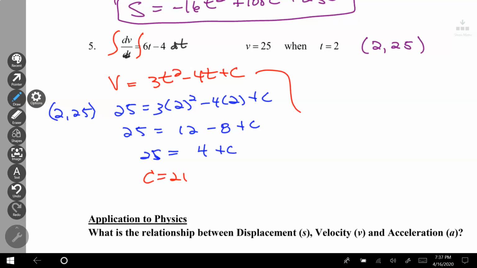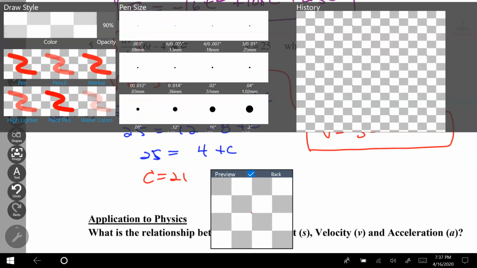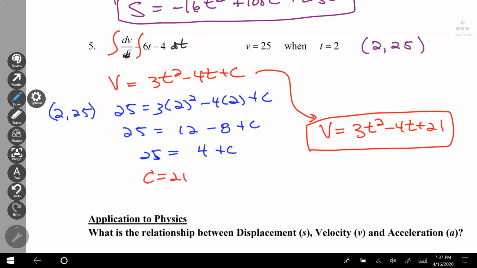And then I can rewrite this as v equals 3t squared minus 4t plus 21. That is the specific solution to that initial problem of the derivative is equal to 6t minus 4. It's not that difficult. It's just kind of undoing what we've been doing for the last few days.